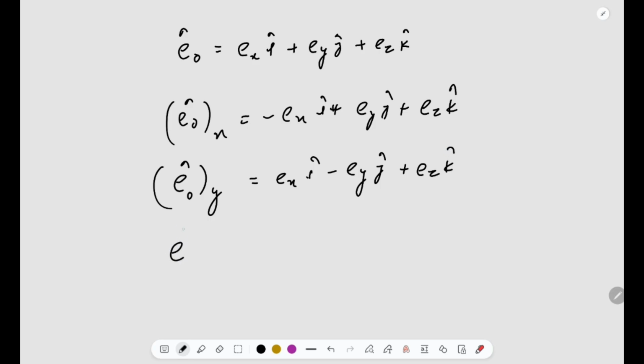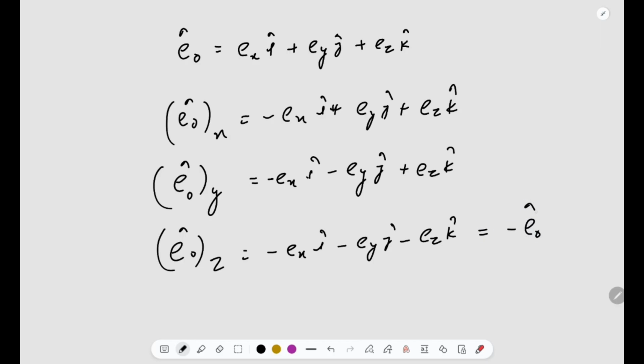And in a similar manner, when reflected from the mirror having a normal along the z-axis, the thing is going to change like this. And so after three successive reflections, this will become minus E naught. So this is a simple solution.